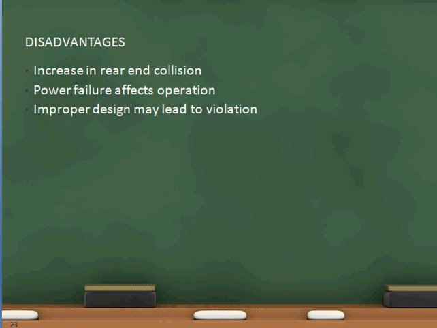The intersection area will be left unused for most of the time. That will create a tendency for drivers to cross or deviate the signal. So that is another disadvantage. If it is not properly designed, it will lead to violations.